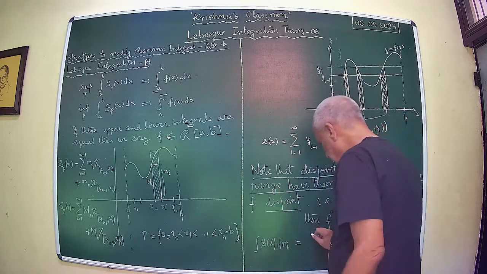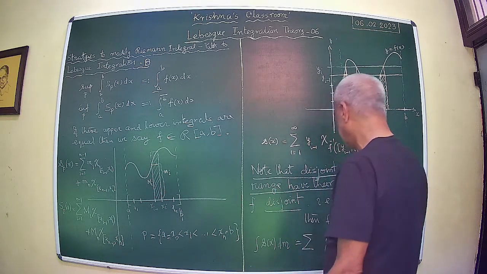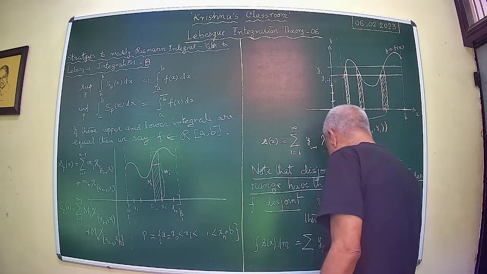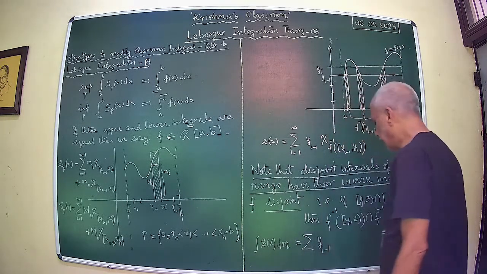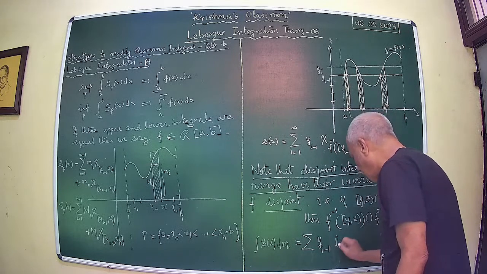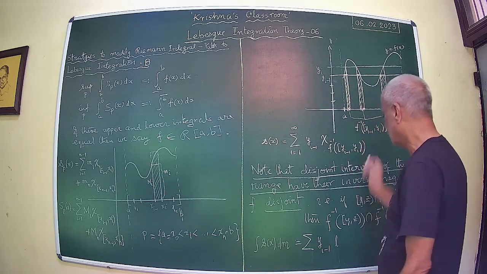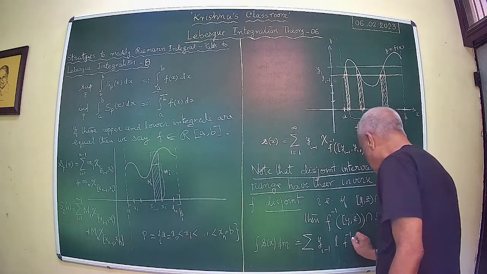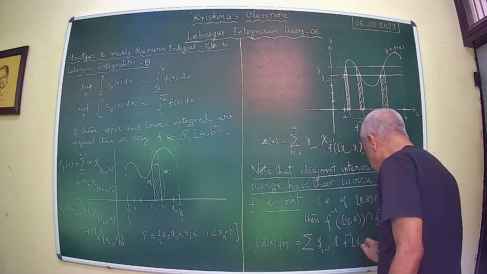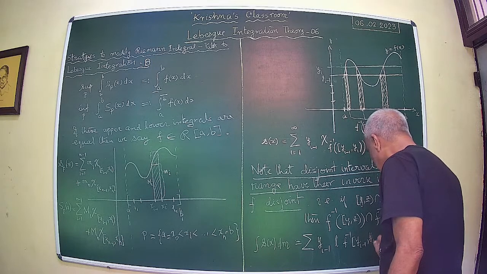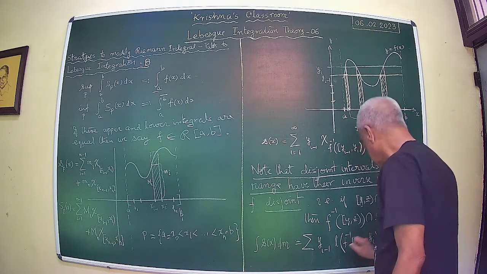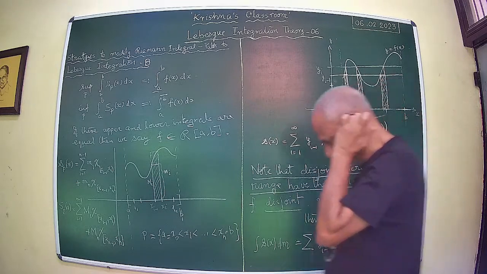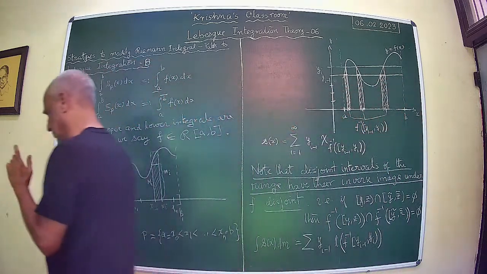What happens is, this is going to be the sum of yi minus 1 multiplied by the length of f inverse of yi minus 1, yi. Okay.